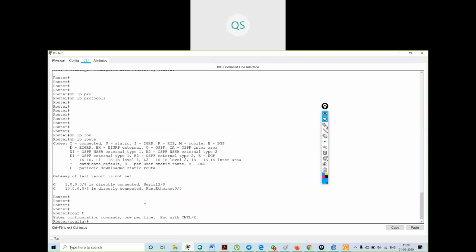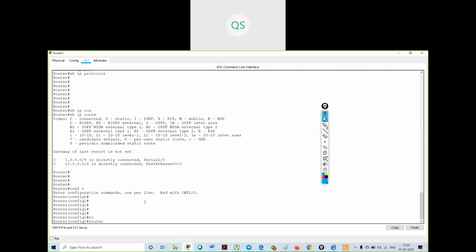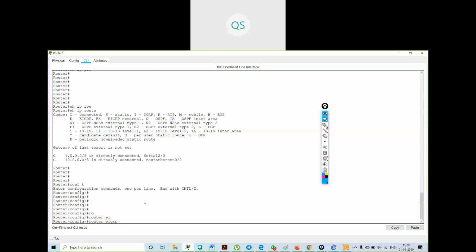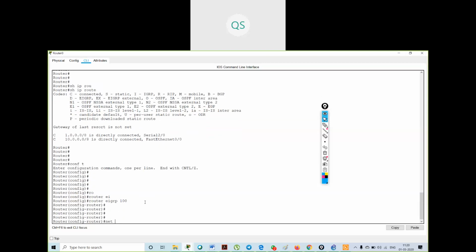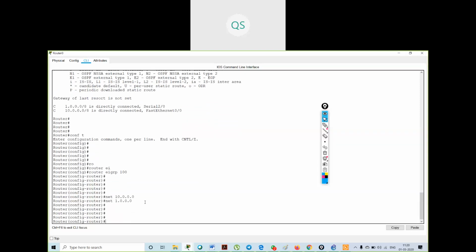Now I will configure EIGRP. Router EIGRP 100, network 10.0.0.0, then the next network.